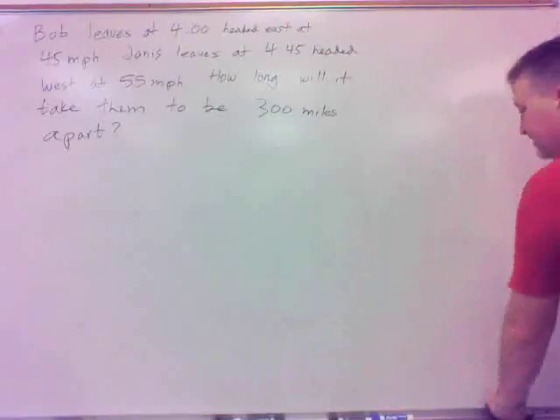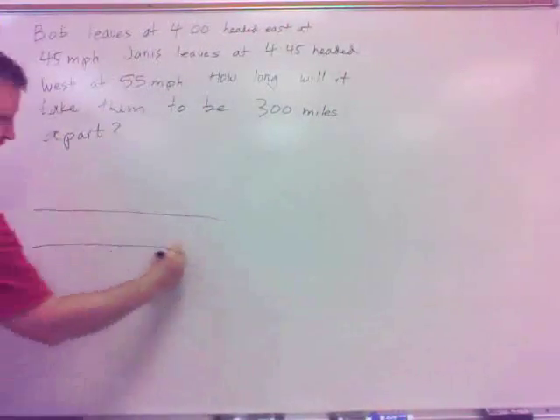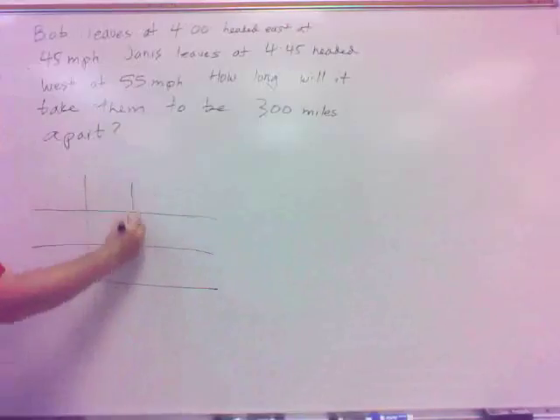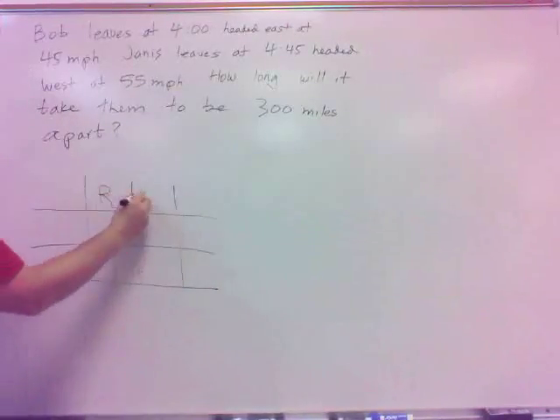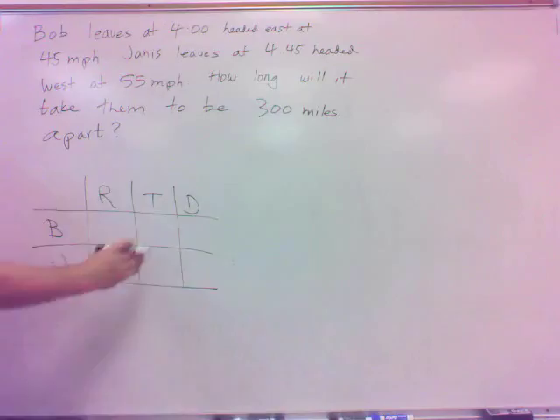Okay, well, we did another table there. Rate, time, and distance, RTD. Bob and Janice. We want to fill in the rate, the time, and then the distance in this case.